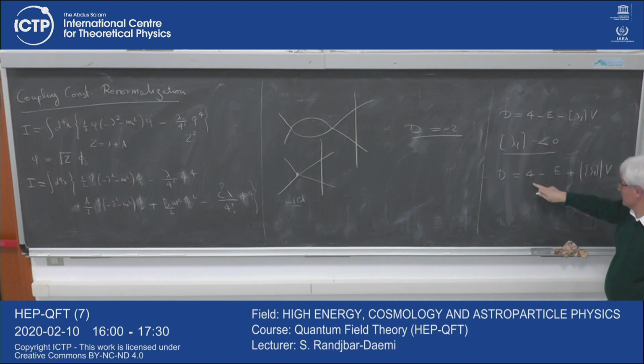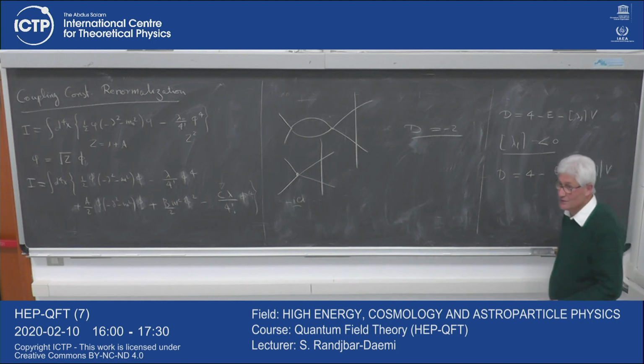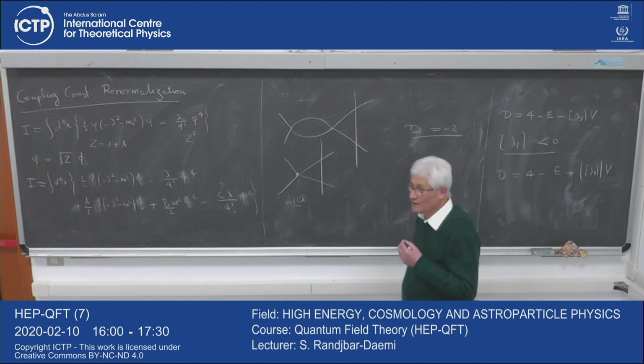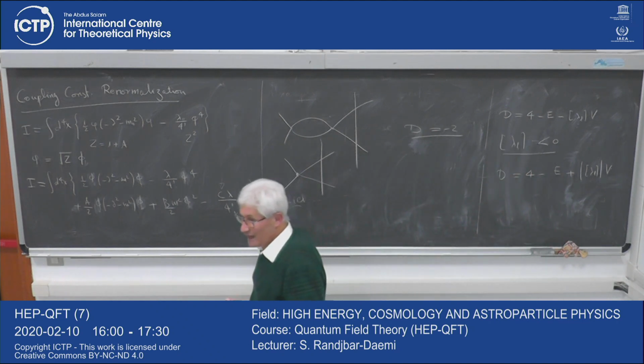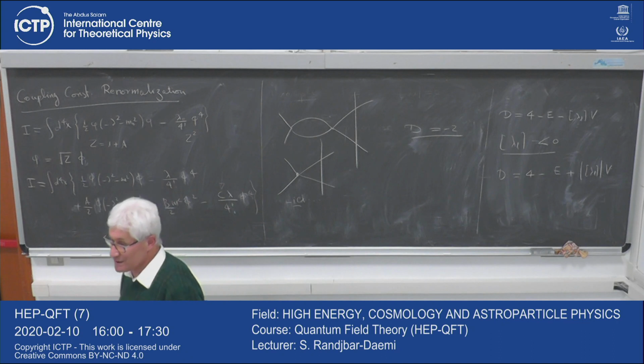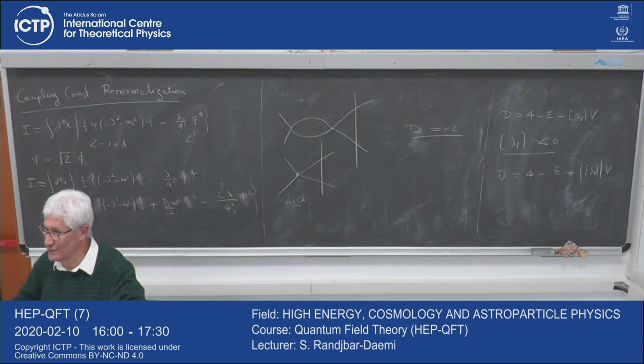In 4 dimensions, if this is the model, no matter how large E is, because E has the tendency to make D negative, right? However negative D is, you can just increase the number of vertices and make D positive. That means the number of primitive graphs which have positive D actually can be made arbitrarily large simply by adding more vertices to the graph.